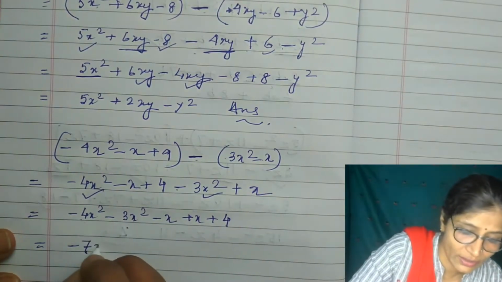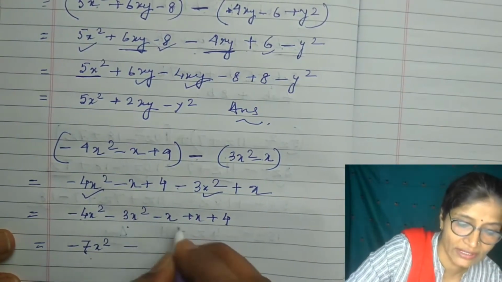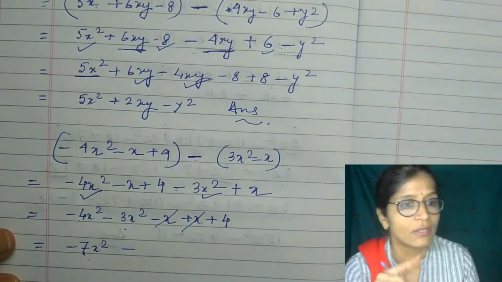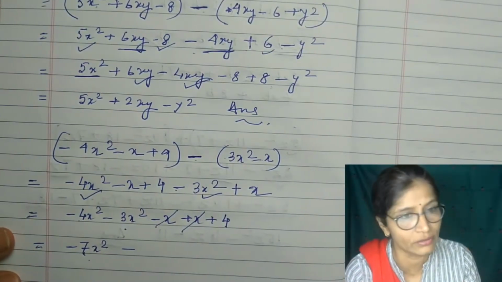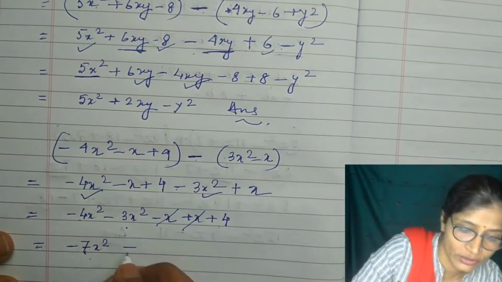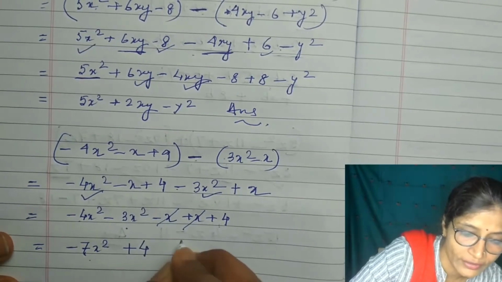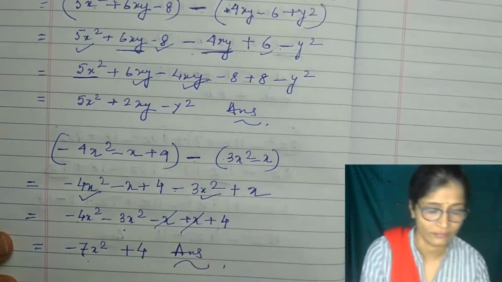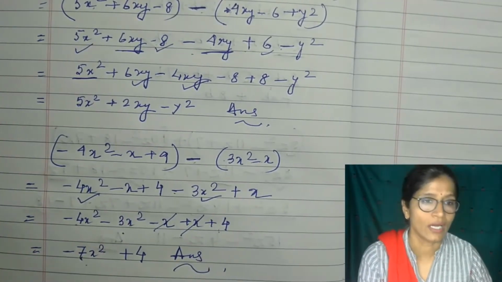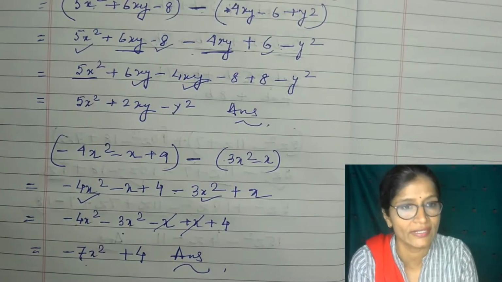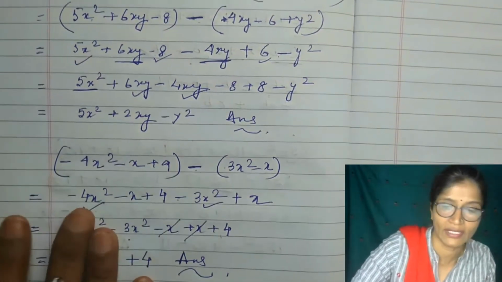And x square is here. Then minus x plus x will be 0, so cancel it. Then plus 4 is left. So that is your answer. So this is all about how to do addition and subtraction in algebra.